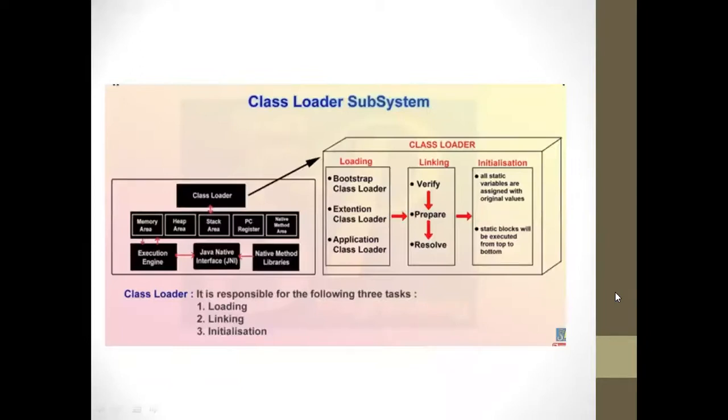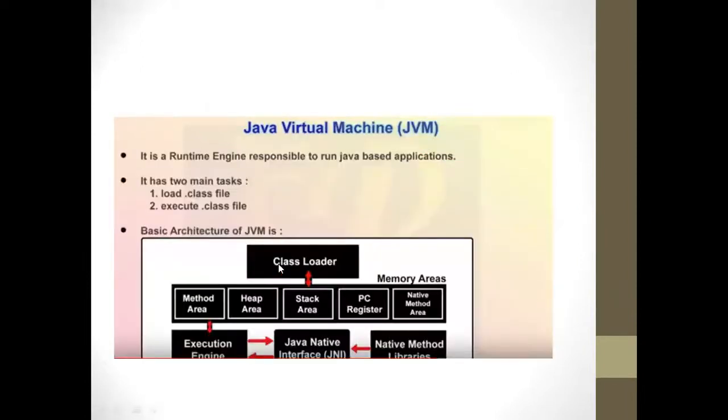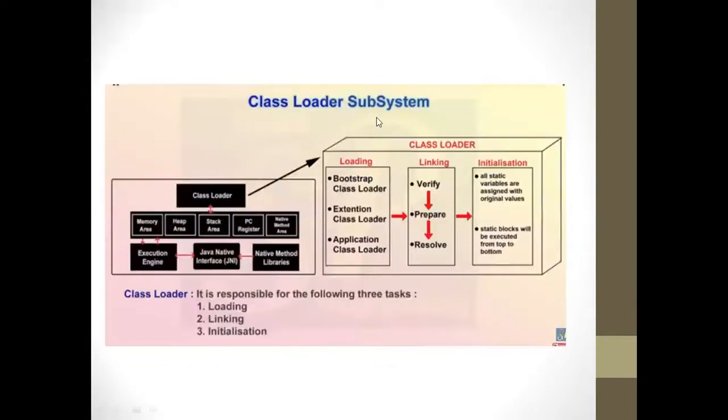Now, the next system is the class loader subsystem. The very first component of the Java virtual machine is the class loader subsystem. What does a class loader subsystem do? It consists of three tasks: one is loading, second is linking, and the third is initialization.